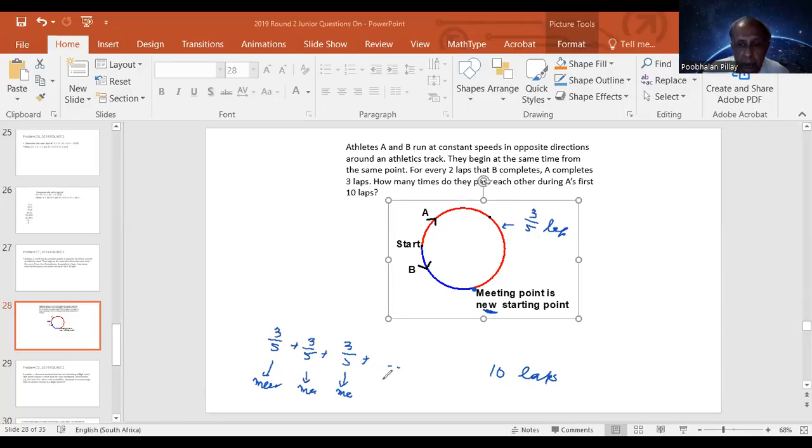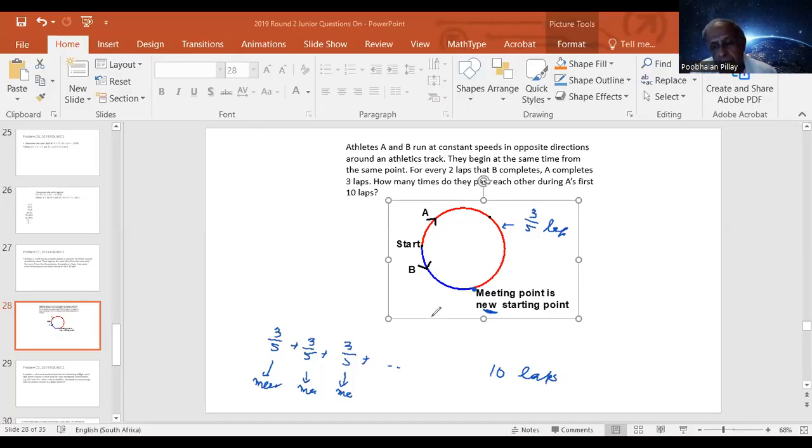So 3/5 plus 3/5 plus 3/5 gives you so many laps. How many 3/5 are there in 10? The question is how many times 3/5 is added to itself to get to 10.